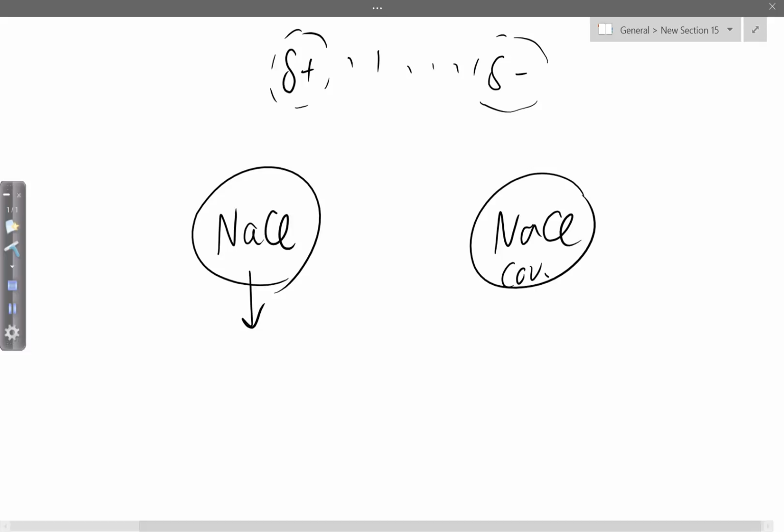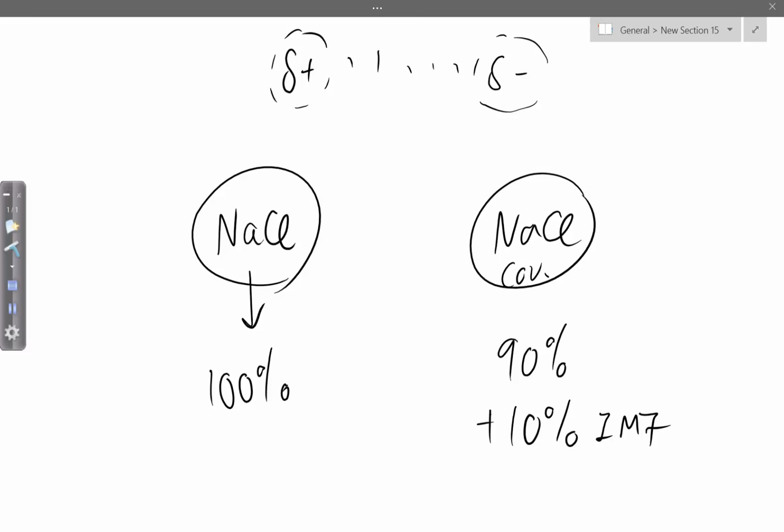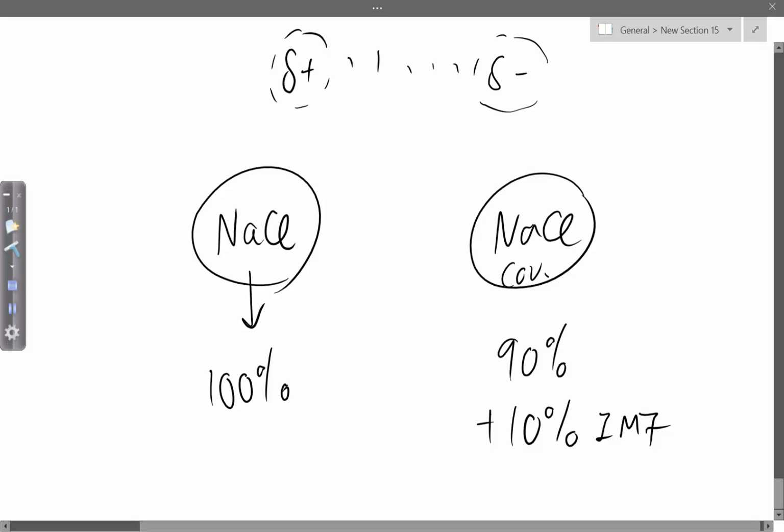So for example, for this case, you have 100% ionic bonds present. For this is maybe 90% plus 10% of intermolecular forces. So very obviously this is harder to break than this, correct? So that's why species which are purely ionic have higher melting point, right? This is just an analogy to explain to you, right?